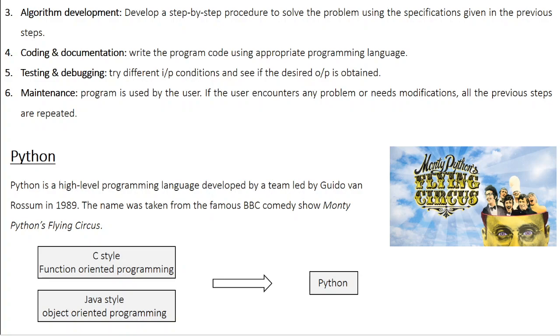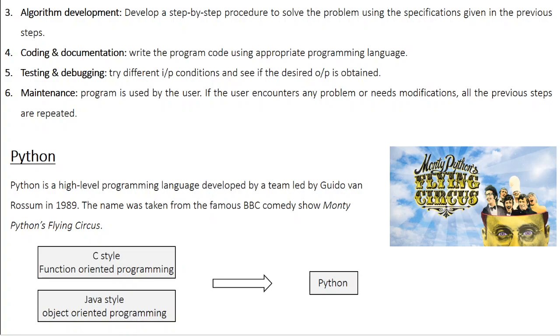So, if you look at the names of typical programming languages like C, C++, Java, .NET, they are boring names, right? So when Guido van Rossum was developing Python, he wanted to give an interesting name to this new programming language.